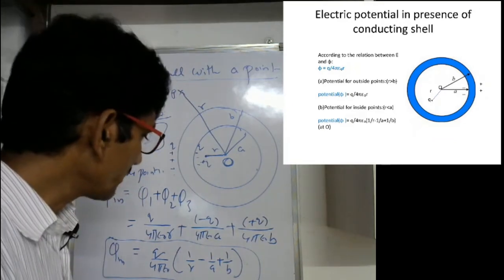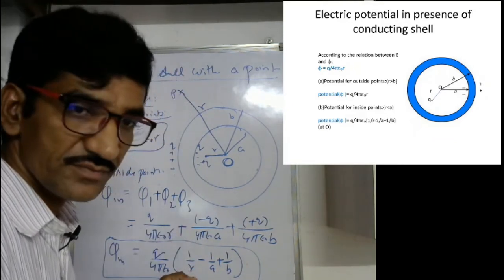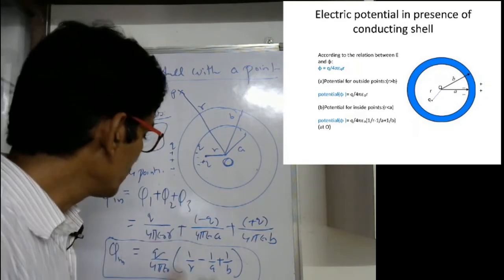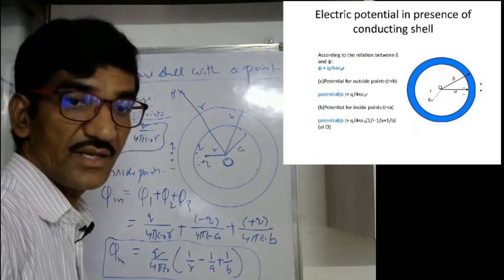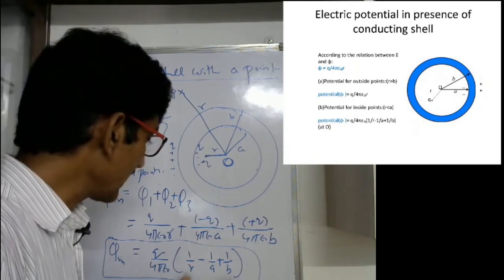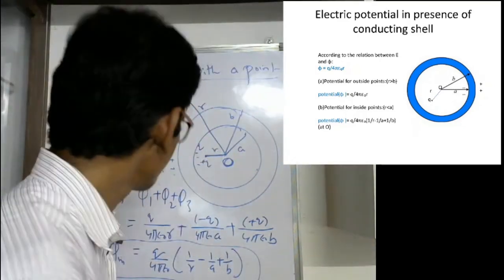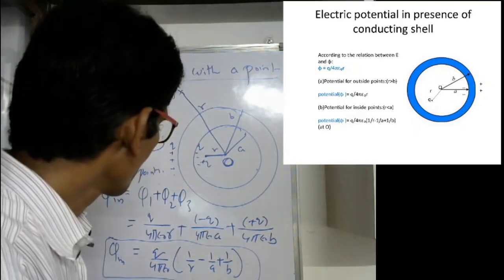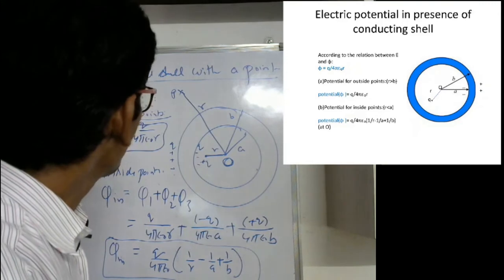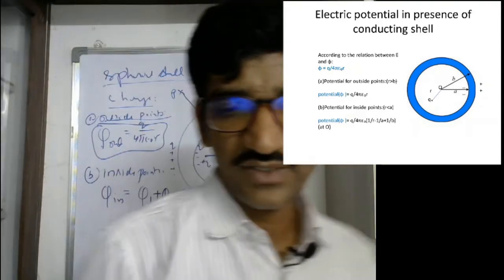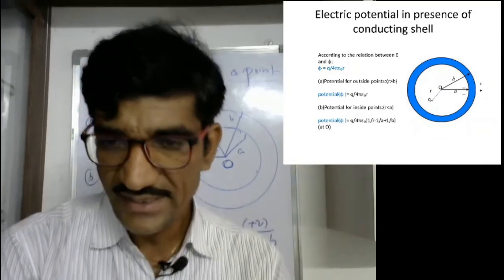So whenever you decrease this, what happens to phi in value? Decreases. Whenever you increase A, phi in value increases. This is about the potential of a spherical shell with a point charge.